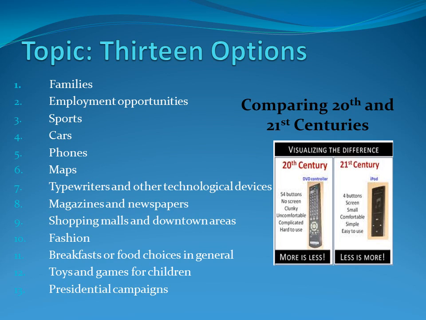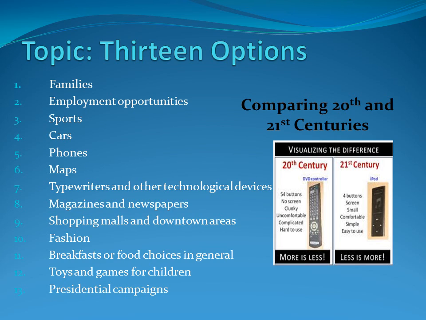You have 13 different options. You are always comparing something from a specific time period, like maybe the 1950s or the 1980s or 1910 in the 20th century to the 21st century today.